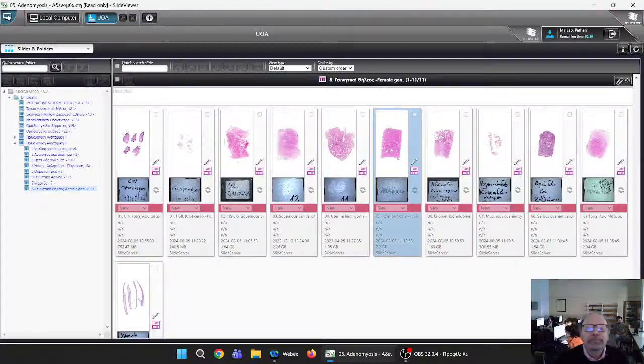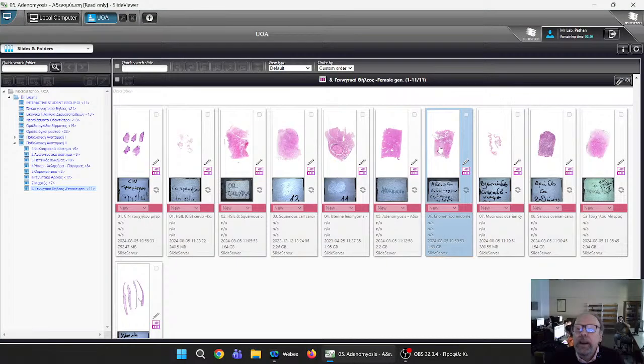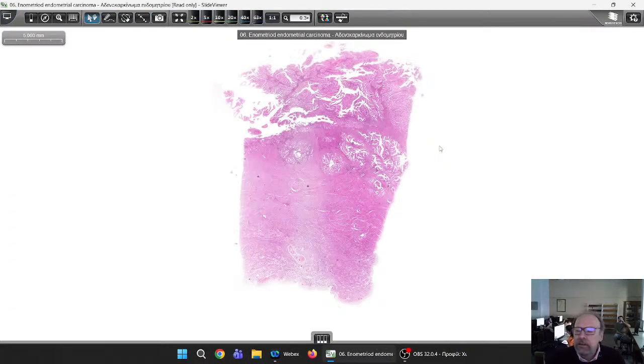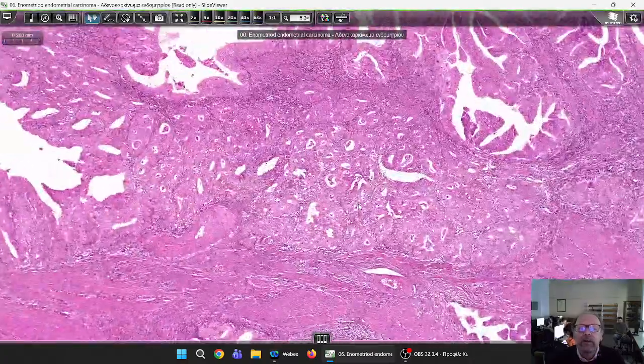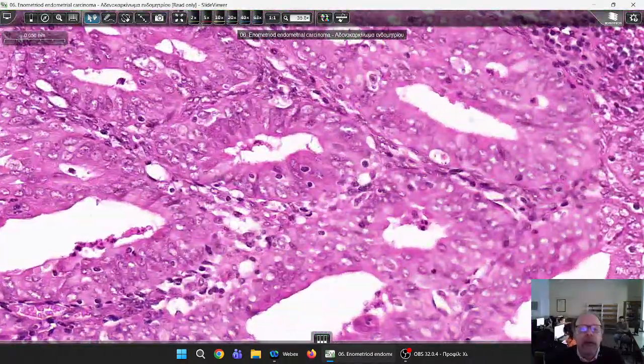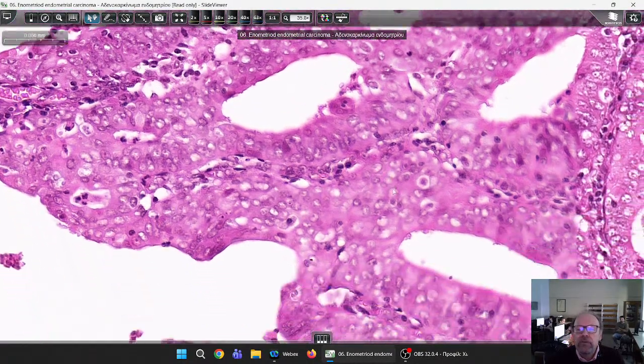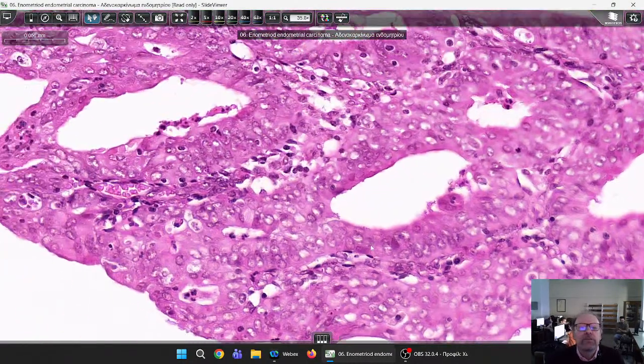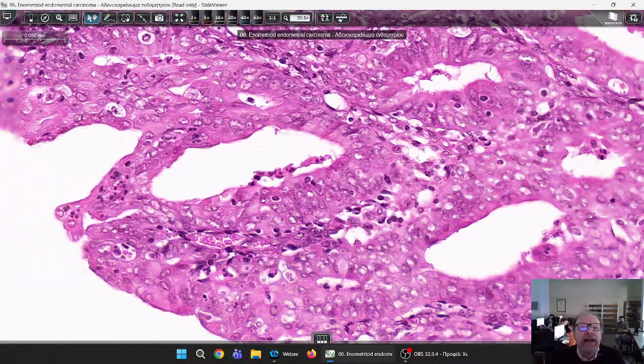Now, here, we have the endometrioid type of endometrial cancer. You see, glandular formation, glands, okay. There is atypia in the nuclei, increased size of the nuclei.